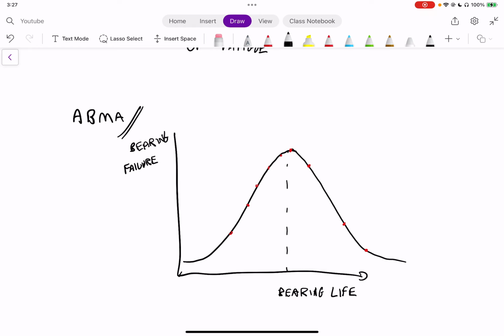Now, in order to satisfy the bearing life, typically what we do is we say that the bearing life is defined by 90% of the bearings would not fail, and that would be the minimum life of the bearings. So if we take that into account, we can say that up until around here, we have 10% of the bearings would fail before this point.